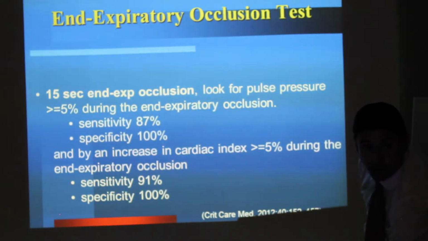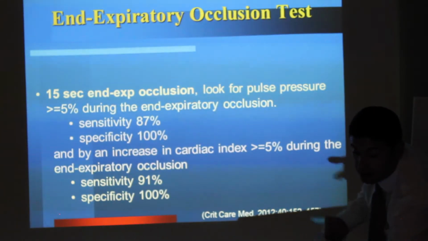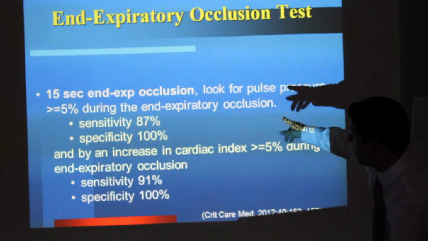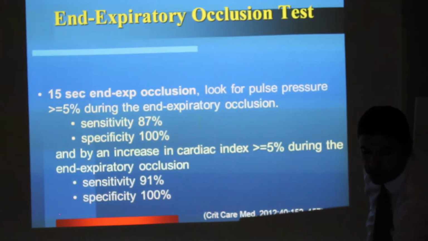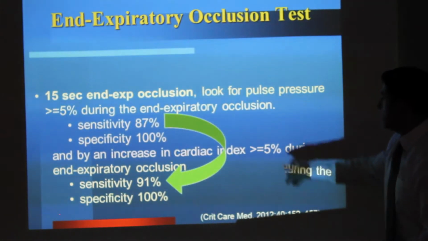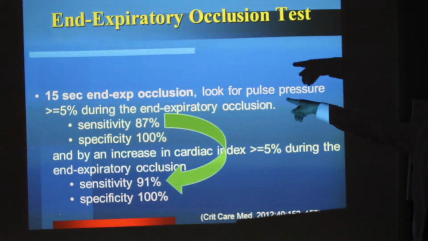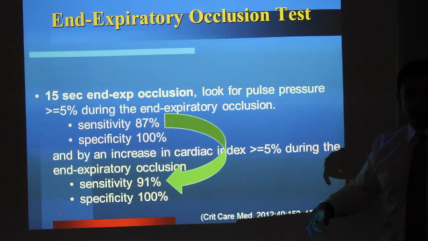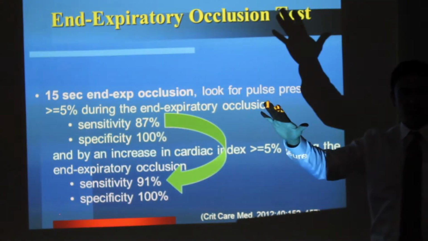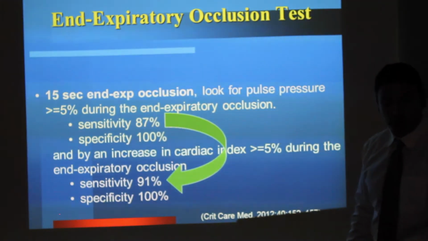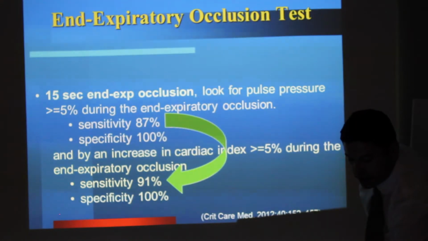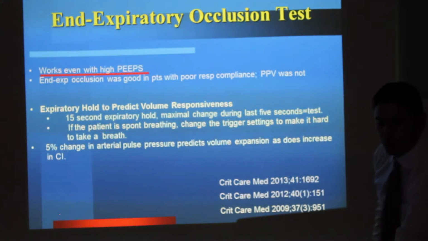So if you have AFib, and you have a way to check the cardiac output and the pulse pressure variation, a 5% increase can help in those cases. The rule of thumb is 15 seconds end expiratory occlusion, 5% pulse pressure variation, 5% cardiac index. You'll be able to tell if your patient is volume responsive. Let's see what else we have here. So it even works with high PEEP.